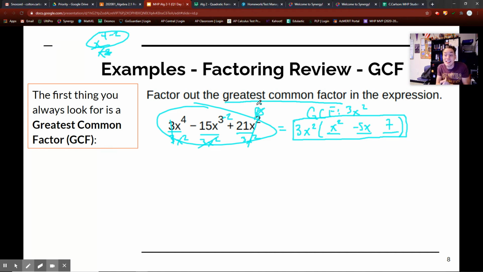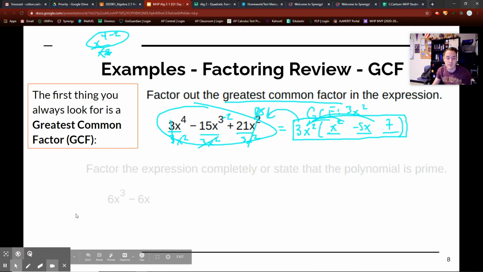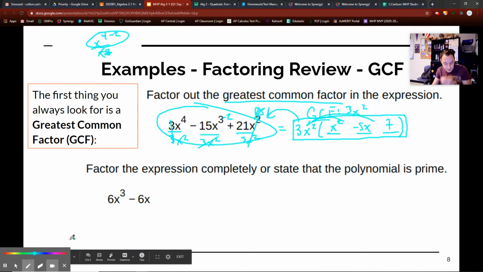And you can always check to see if you have the right answer. When you distribute it back through, if you do not get your original question back out, you did it wrong. That's a great way to check your answer. So I implore you to do that if you're kind of struggling. Because it helps you trust the math. Okay? Let's go through this one.